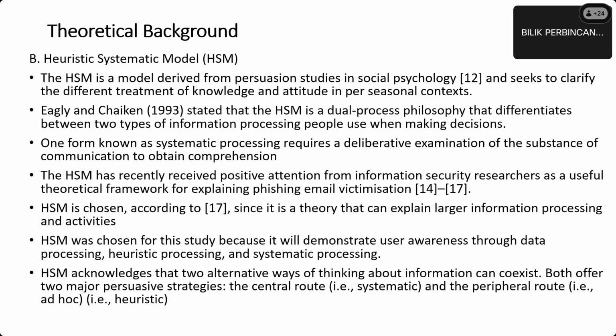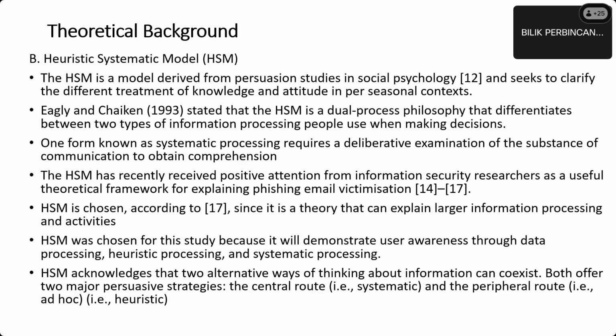And then next, we have another model, which is the heuristic systematic model, HSM. HSM is a model derived from persuasion studies in social psychology, and this seeks to clarify the different treatment of knowledge and attitude in personal context. This model was introduced by Eagly and Chaiken.